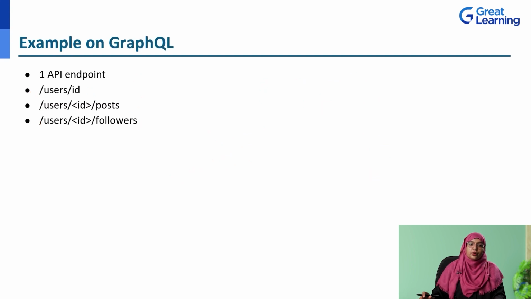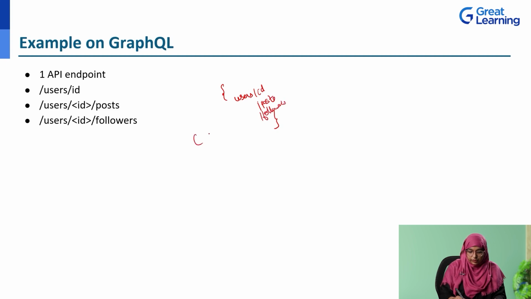Whereas when it comes to your GraphQL API, it needs only one endpoint. So you can give that in the form of a query, that you need the user's ID and then posts and then followers. You can give everything in one. So when you're trying to get the information between your client and server, one endpoint is required.